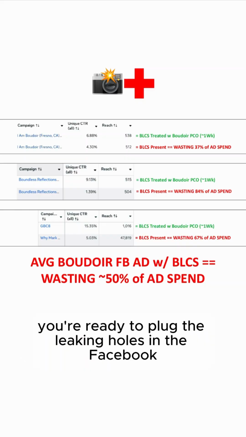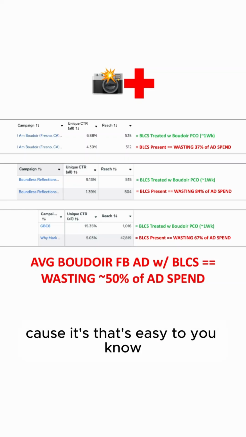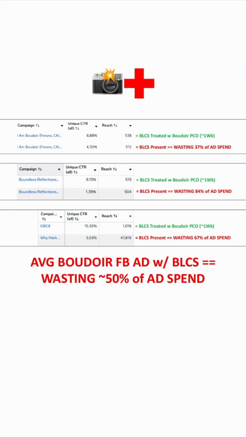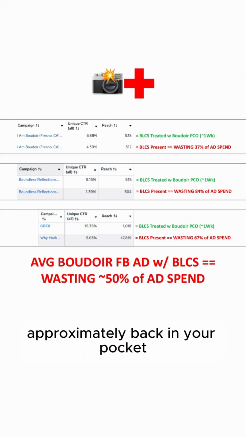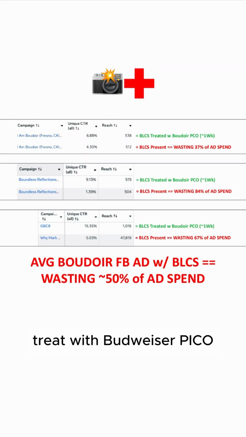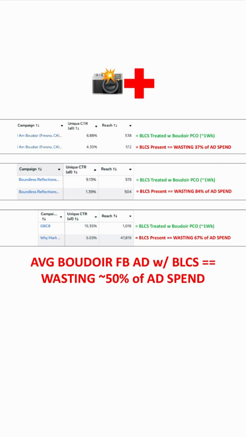Now you're ready to plug the leaking holes in the Facebook ad strategy, because that's easy: just eliminate the waste. And you actually want to keep more money in your pocket. On average, that'd be about 5K a month back in your pocket, and approximately 60K over the next 12 months, over the next year.